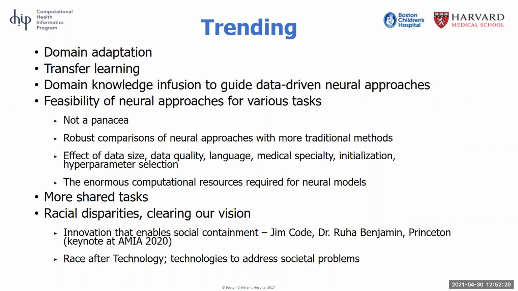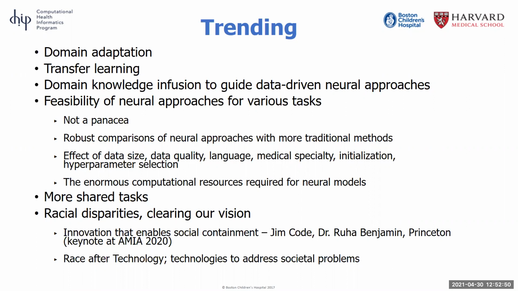I think another very important topic is that we shouldn't get too obsessed with the neural approaches, and that we should think of ways to infuse domain knowledge to guide these neural approaches. So how do we do that? There has been some work on knowledge infusion, but it's in a very nascent state.